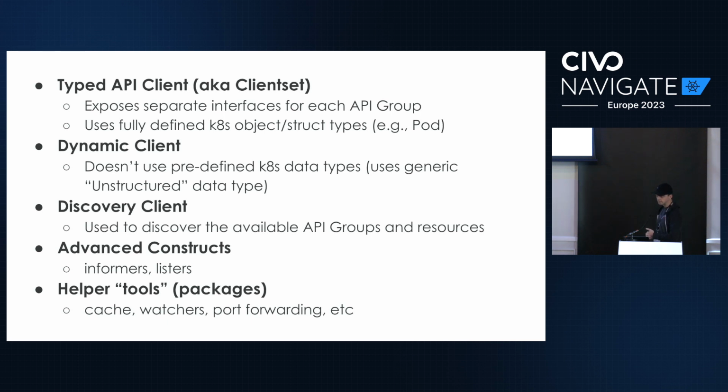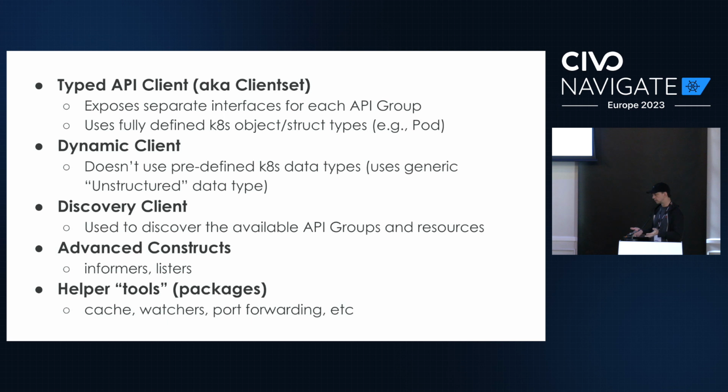The dynamic client is designed to work in a way that doesn't require specific Kubernetes object data structures. It has its use cases, but it's probably not something that you're going to use. The discovery client is useful when you need to discover the APIs available in your cluster dynamically.